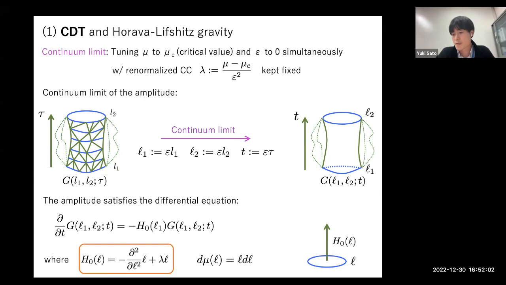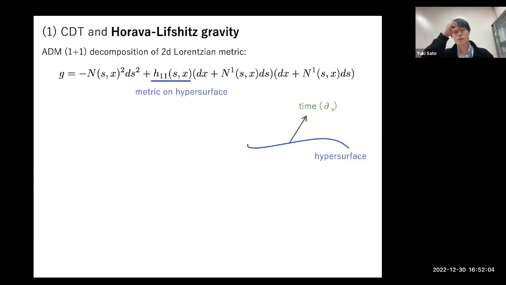Okay, so let's move on to the Horava-Lifshitz case. The starting point is the 1+1 decomposition of the 2D Lorentzian metric. Let me explain the components appearing in this equation.